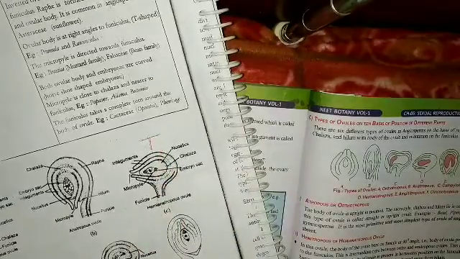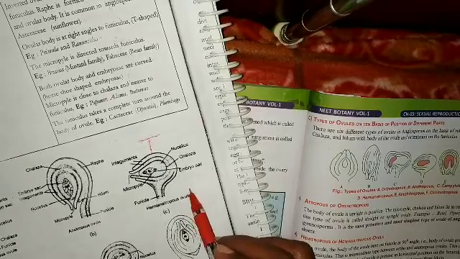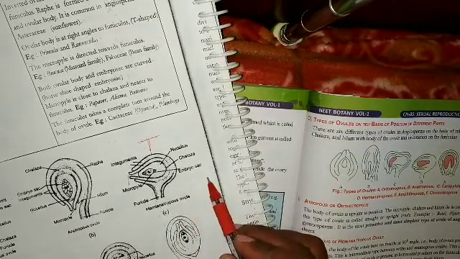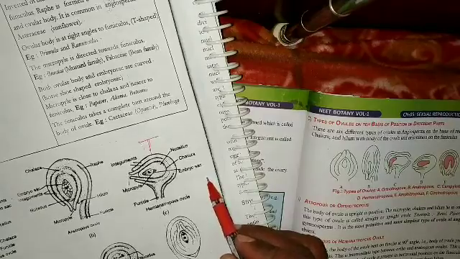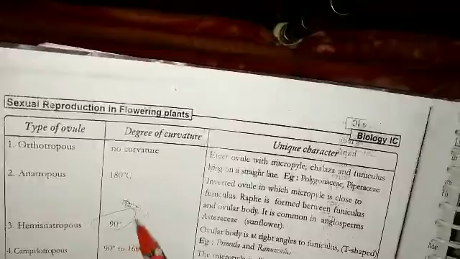Examples are Primula and Ranunculus. This is called a hemianatropous ovule, 90 degrees angle.